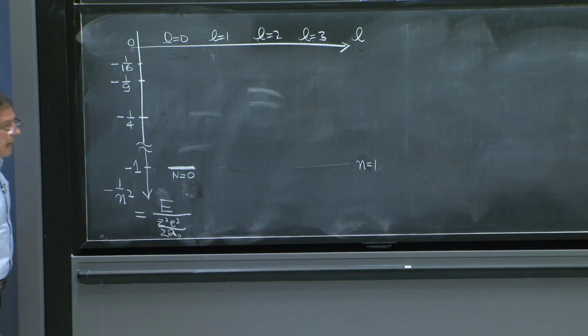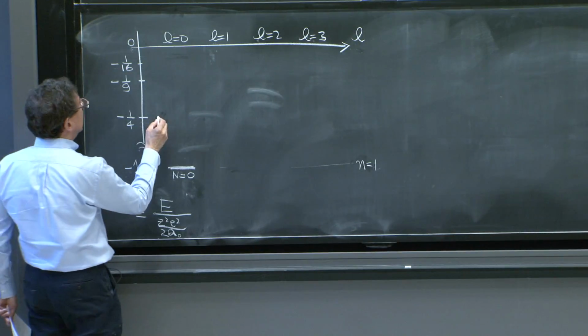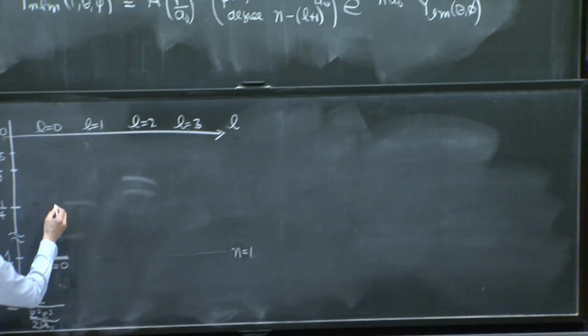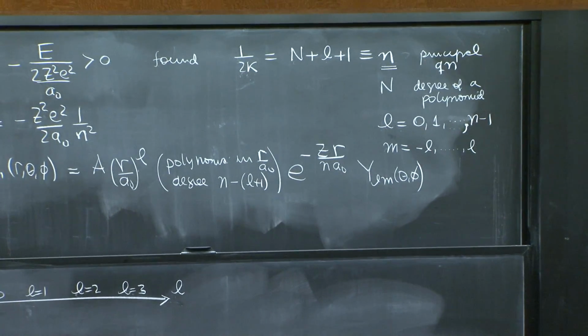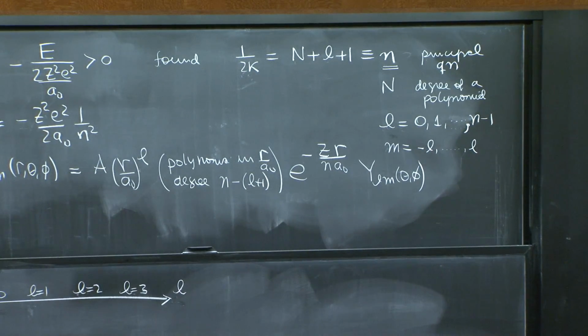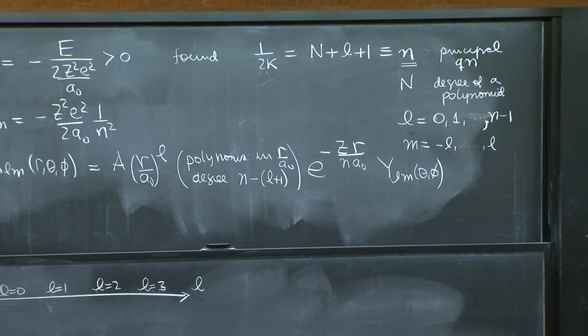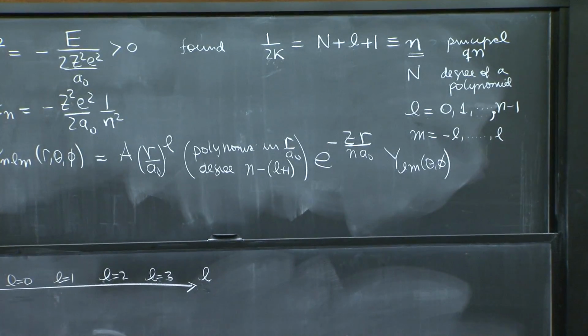Then we go to the little n equals 2 level. And when little n is equal to 2, L can be 0, or it can be 1. When L is equal to 0, capital N would have to be 1.